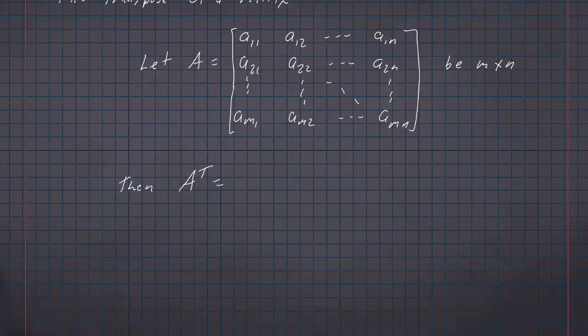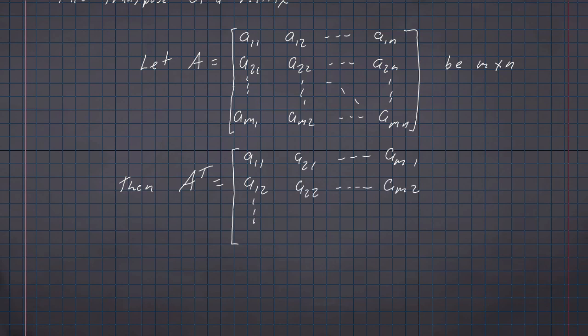The transpose of A is going to be the matrix that swaps row and column. And the transpose of an m by n matrix, by its definition, will be an n by m matrix.